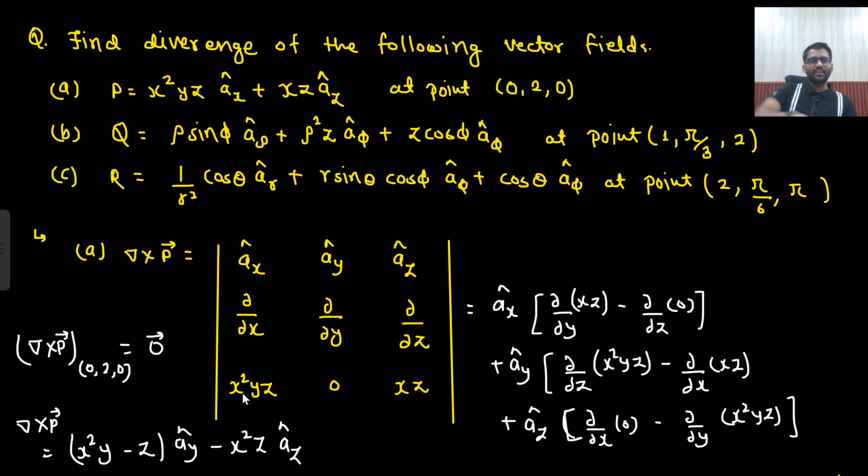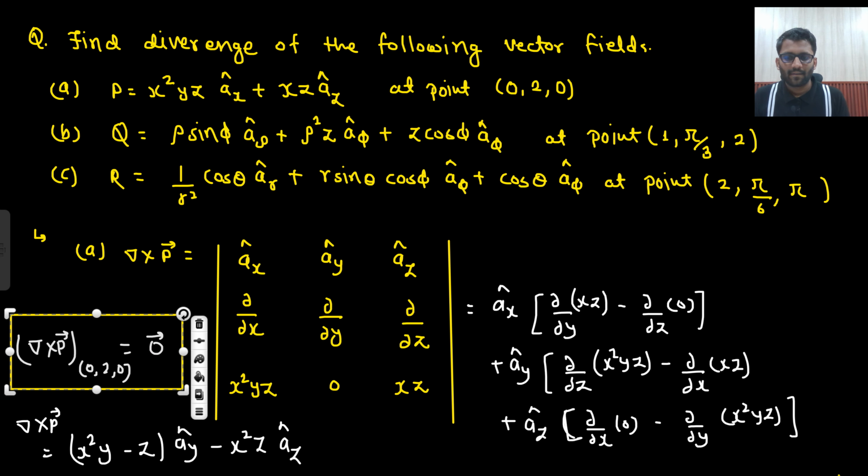But the answer is a vector quantity, so I am showing 0 vector. Answer is 0 only, there is no issue about that. So at 0, 2, 0, this is 0, here also 0, here also it is 0. So 0 vector you are getting.